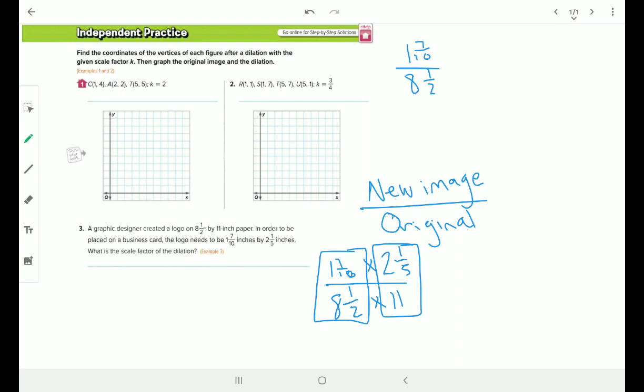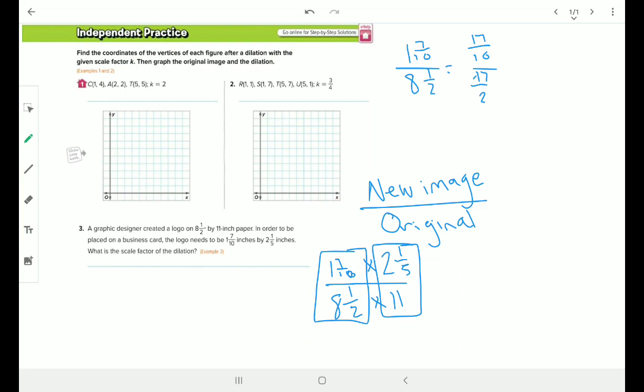Remember, dividing by a fraction is like multiplying by the reciprocal. Okay, so you could make this into improper fractions. So this one would be 17 over 10, and this one would be 17 over 2.